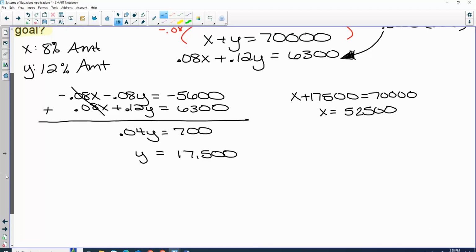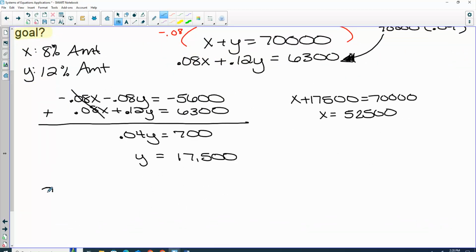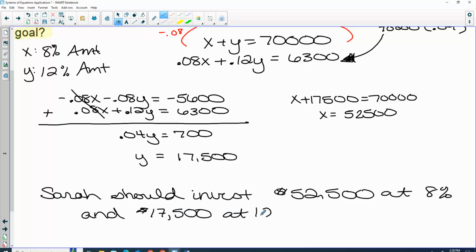And then what do we do? So Sarah should invest $52,500 at 8% and $17,500 at 12%.